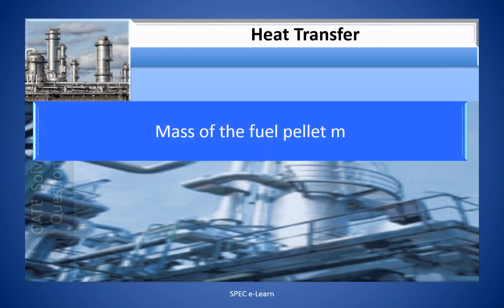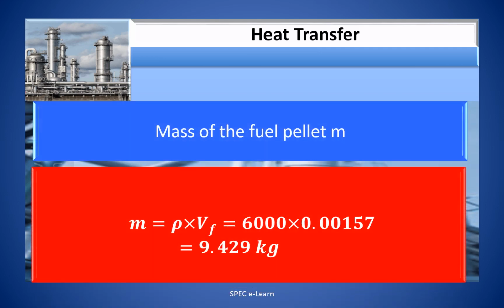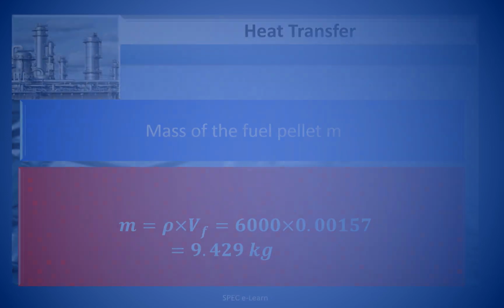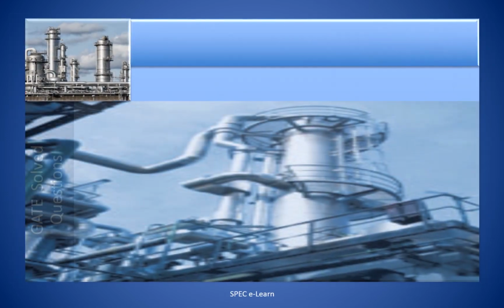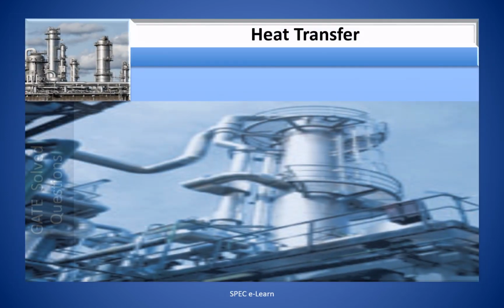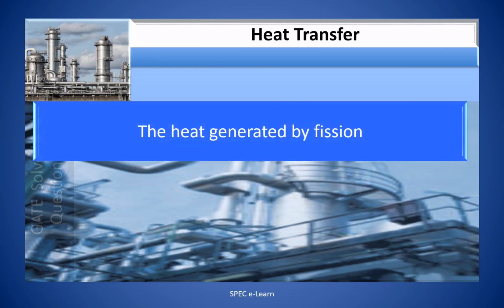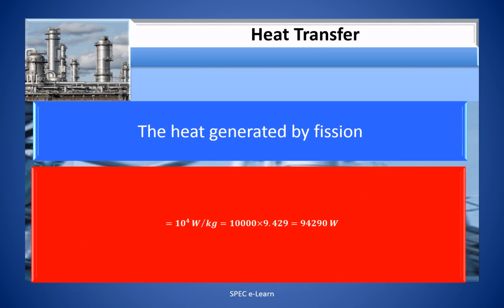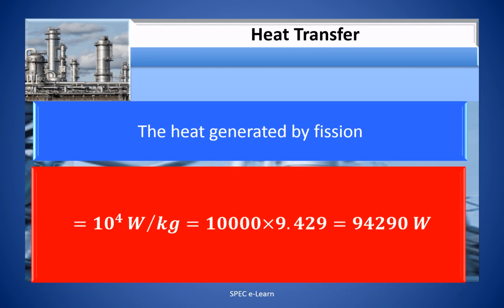The mass of the fuel pellet m is equal to rho f times Vf, which works out to 9.429 kg. The heat generated by fission equals 10 to the power 4 watts per kg, which works out to 94290 watts.